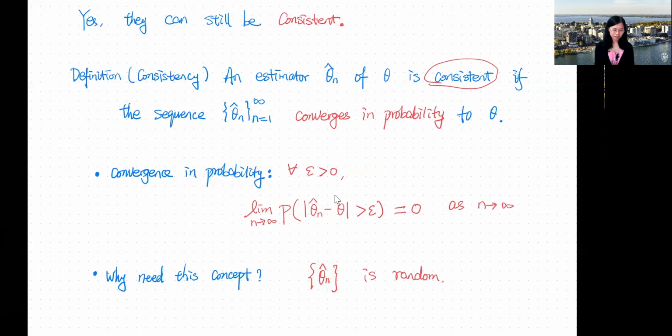That is why we need a weaker concept than calculus convergence, and this weaker concept is convergence in probability. To explain that with a more concrete example, let's consider the coin toss example that we talked about before.